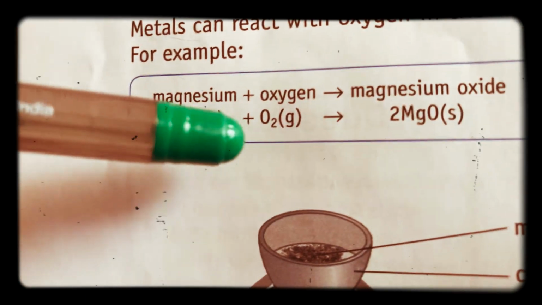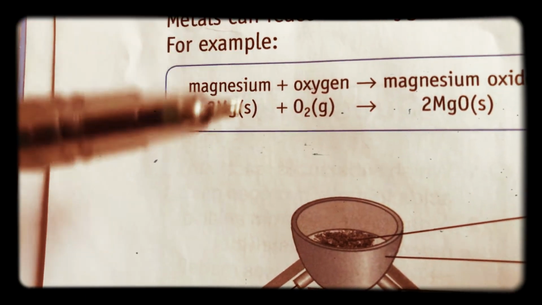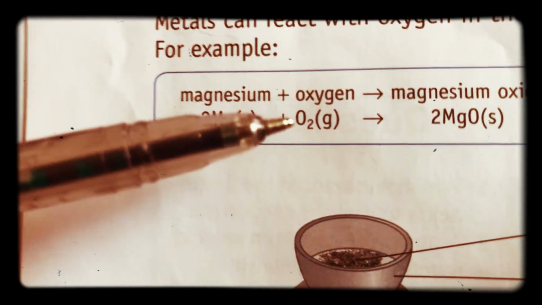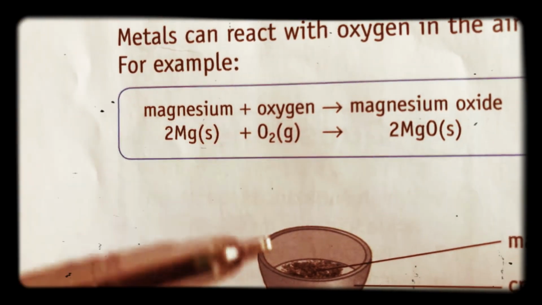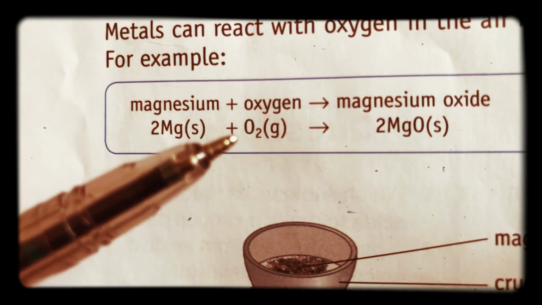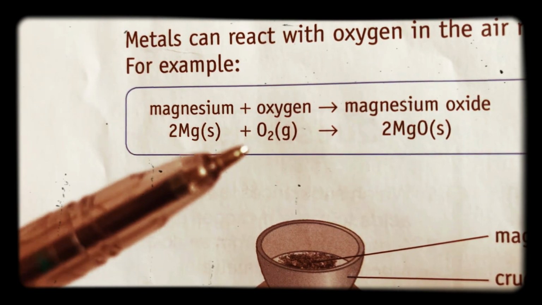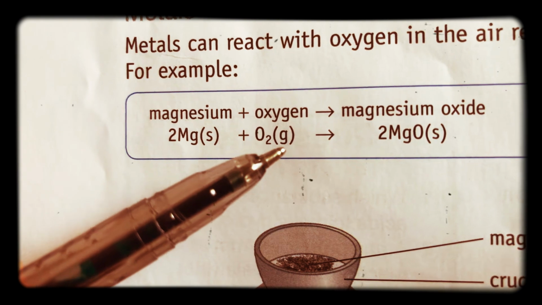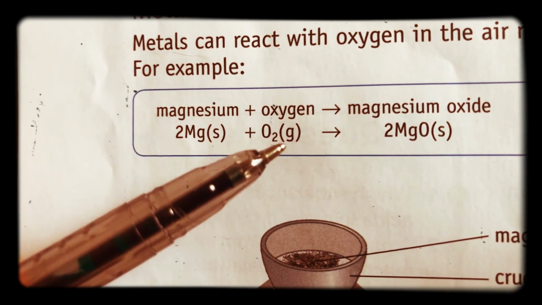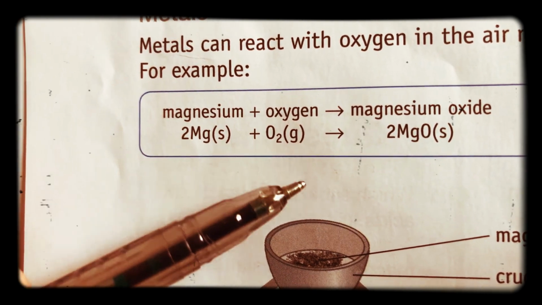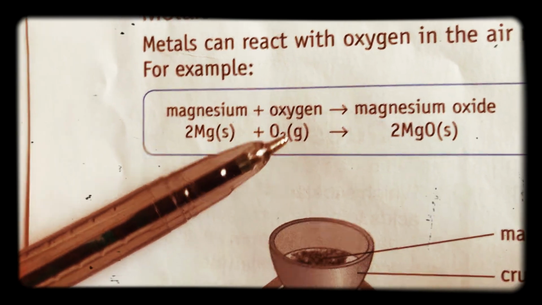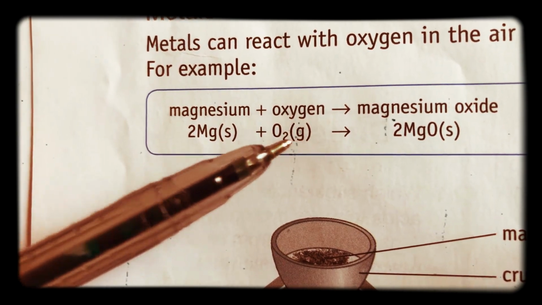to form magnesium oxide. Notice that the oxygen actually has a 2 on it, and that's because oxygen exists as a diatomic molecule. We have covered diatomic molecules this year during distance learning. So oxygen is a gas as well, so remember in balanced simple equations, you have to have the state symbol there as well. Okay, so that's your oxygen, O2, which is a gas.